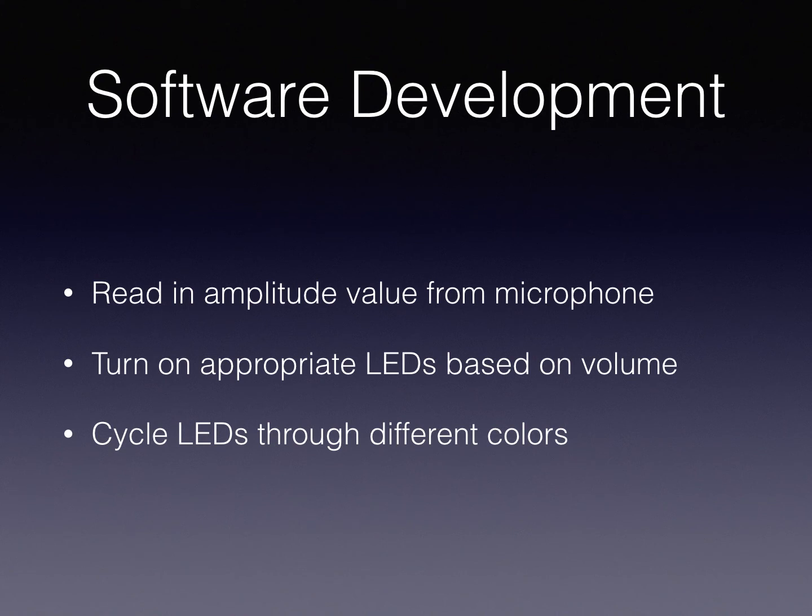And then later on in the code development, I wrote a function that cycled through the different LED colors, and you'll see that in a video in a little bit. What it does is it takes control of 3 global variables that I use for the red, the green, and the blue data values, and it cycles them through each iteration of the loop.